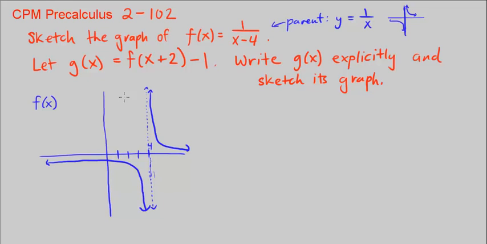All right, so let's do the next part. Let g of x equal f of x plus 2, quantity, minus 1. So let's write g of x explicitly. I'm going to use green to do that. So g of x is equal to f of x plus 2 minus 1.